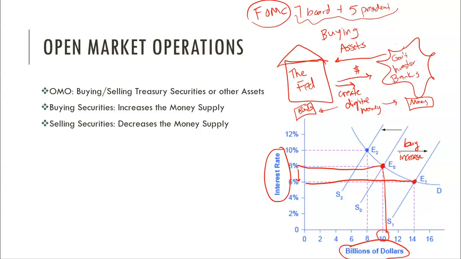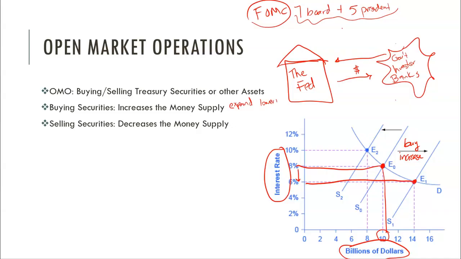On the opposite side, we've got selling securities. So now let's say there's a lot of inflation, and the Fed says, inflation is too high. We actually want to slow the economy down. So what they want to do is raise interest rates. Okay, so buying securities is to expand the economy and lower rates.